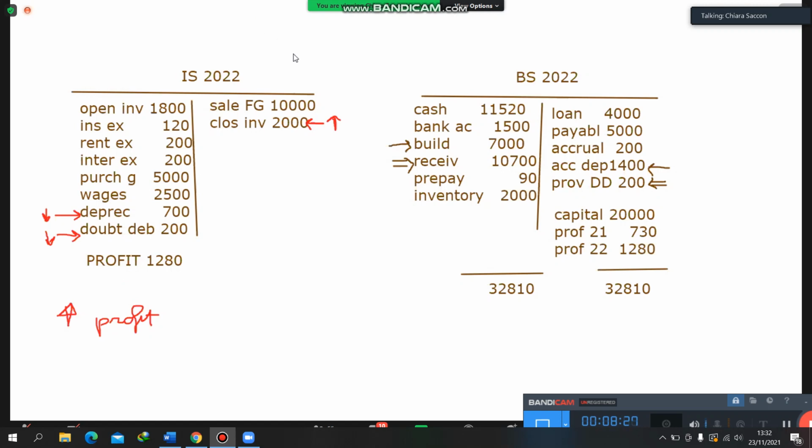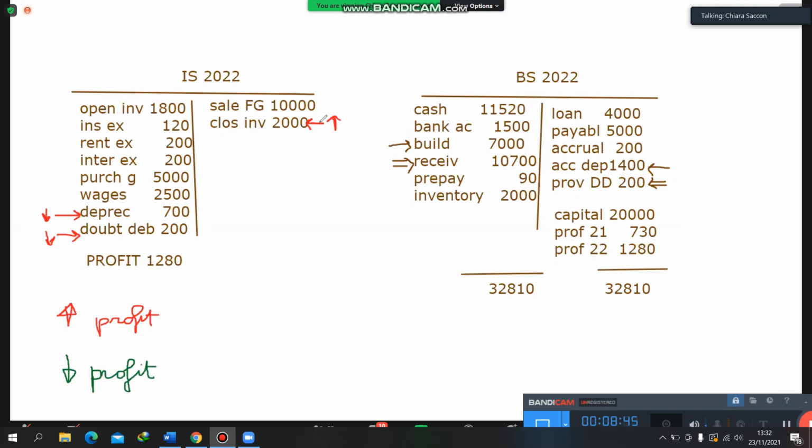If you want to do the opposite, let's say a company that would like to pay less taxes, so would like to make the profit lower, taxes are based on the amount of profit generated by companies.